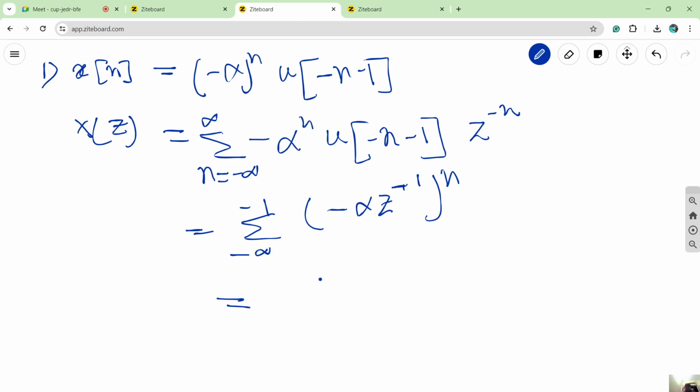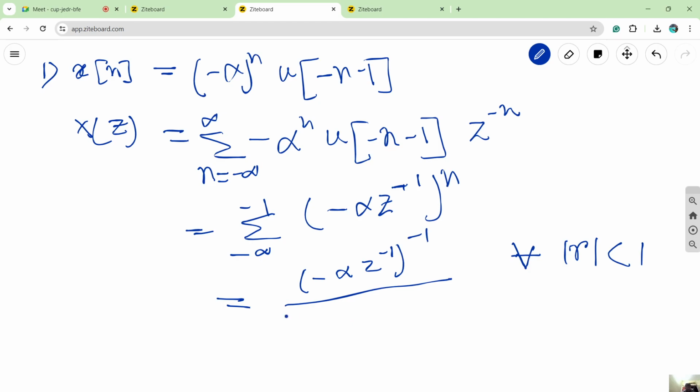So that will be equal to, for all r that is mod of r less than or equal to 1, this condition holds, it will be minus alpha z inverse whole inverse by 1 minus alpha z inverse whole inverse.